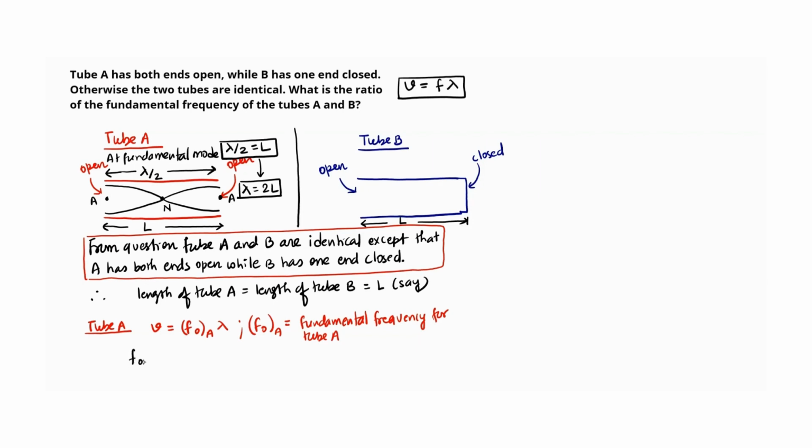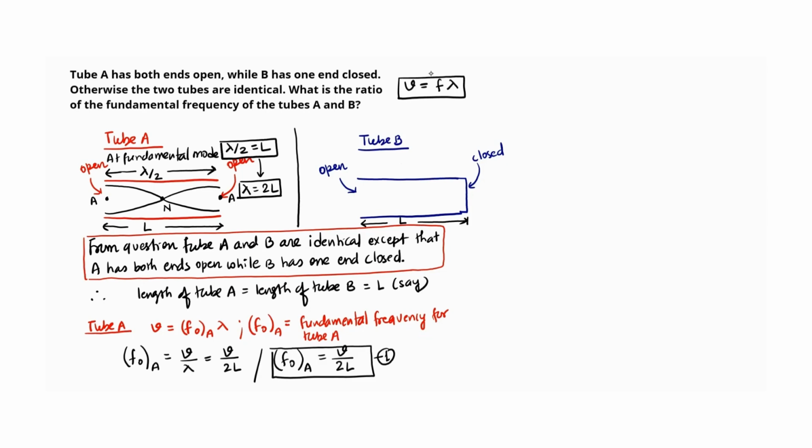So fundamental frequency for tube A equals V by lambda, and this V is the velocity, or speed. I'm writing in magnitude right now. So V by lambda is V by twice L. Therefore, we have fundamental frequency for tube A equals V, that is speed, divided by twice L. Let us call it equation 1.